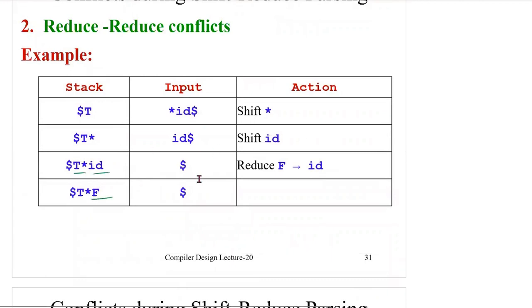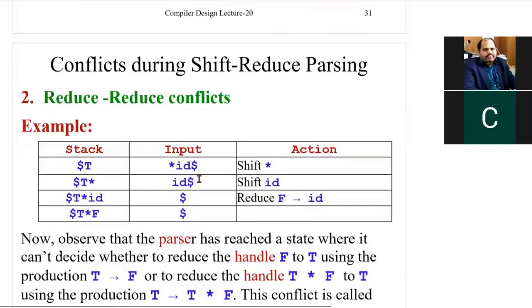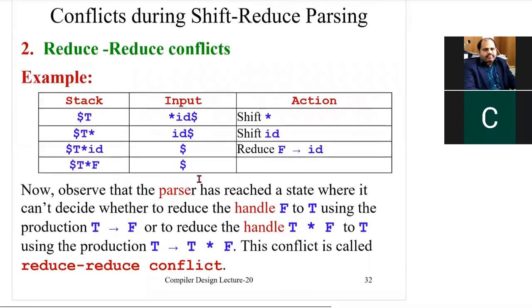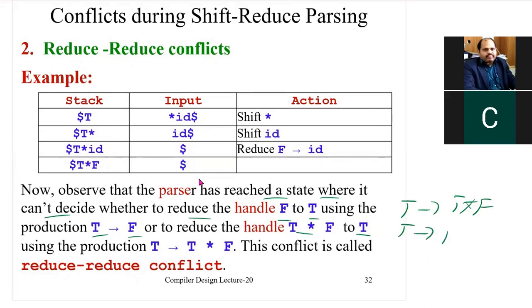Now you can see how to handle this conflict. Observe that the parser has reached a state where it can't decide whether to reduce the handle F to T using the production T derives F, or reduce the handle T into F to T. Here we have T derives T into F, and T derives F. You can see the left-hand side is the same header.